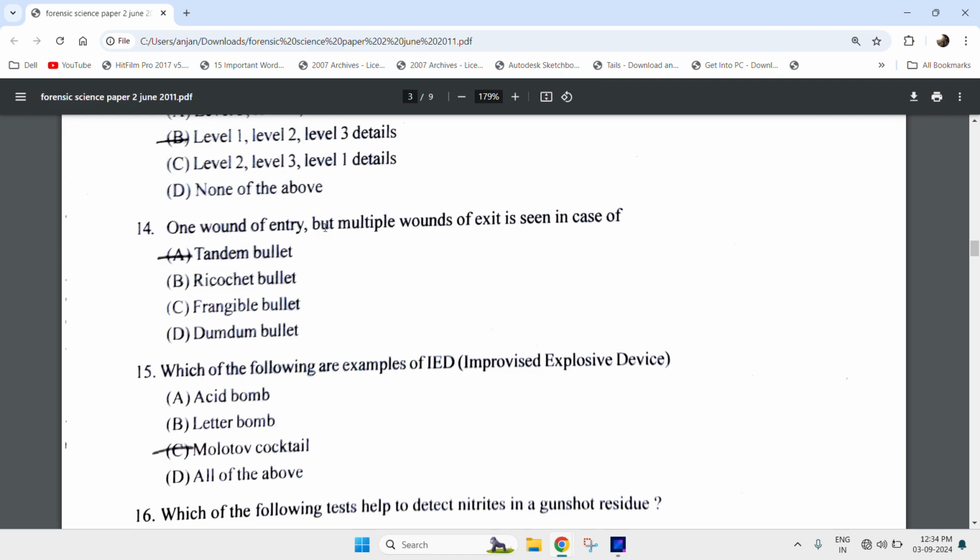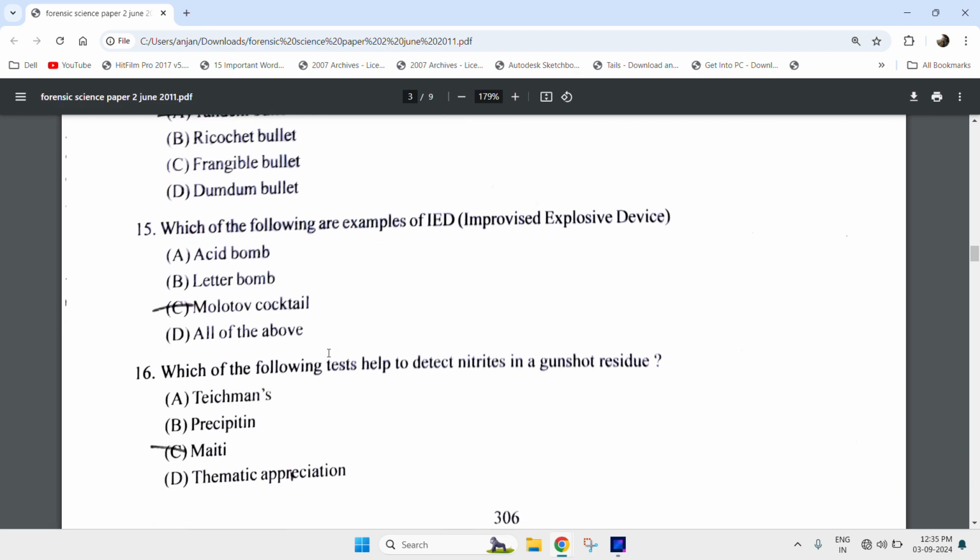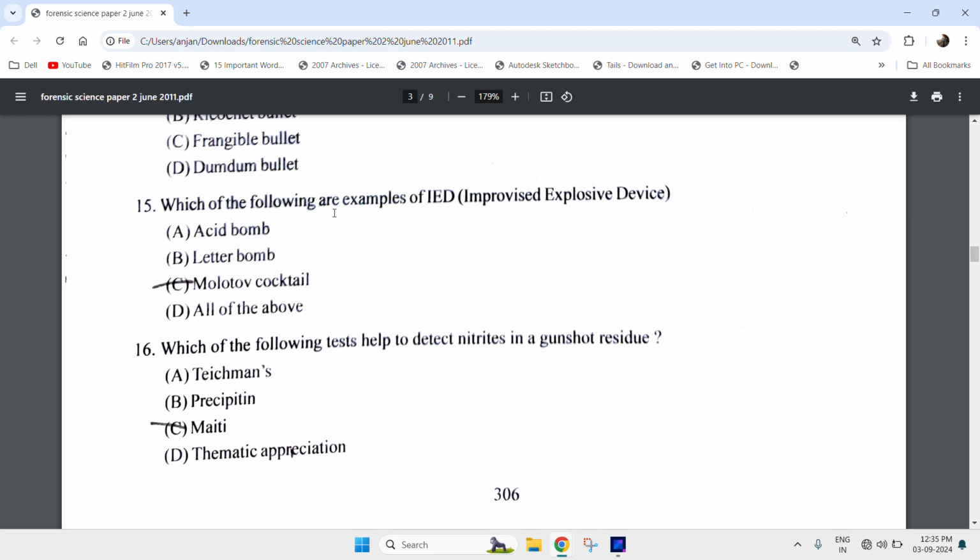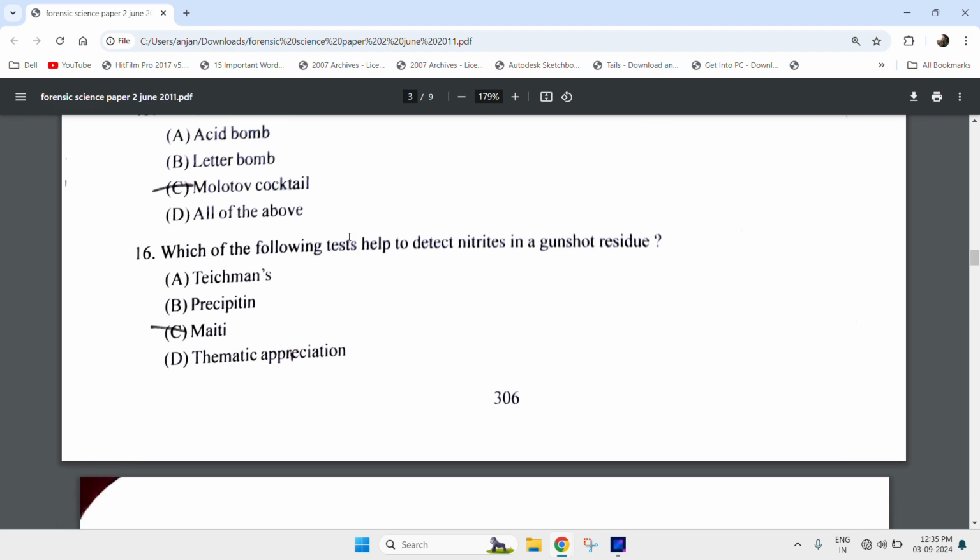One wound of entry but multiple wounds of exit is seen in case of tandem bullets. Which of the following is an example of a highly improvised explosive device? Molotov cocktail. Which of the following tests helps to detect nitrite in gunshot residue?